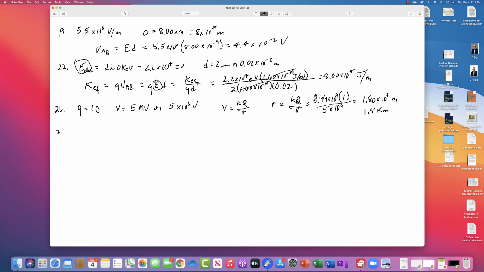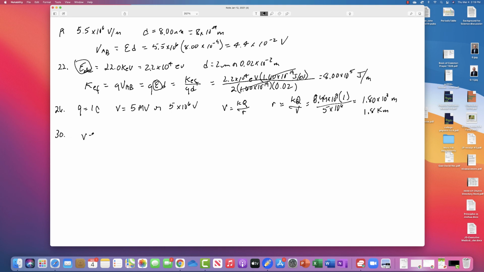Number 30. Number 30 states in a nuclear fission, a nucleus splits roughly in half. What is the potential 2 times 10 to the minus 14 meters from a fragment that has 46 protons in it? Okay, so you do this calculation the same way.